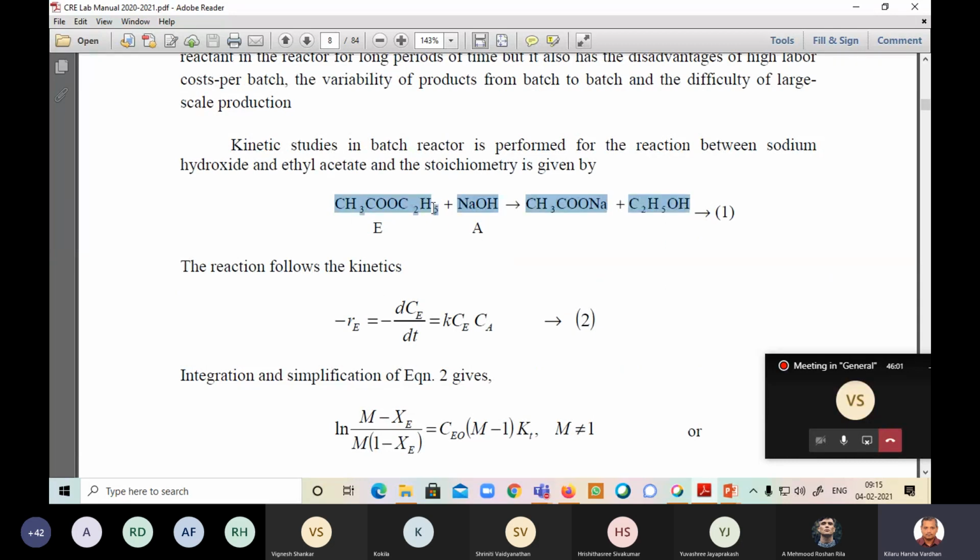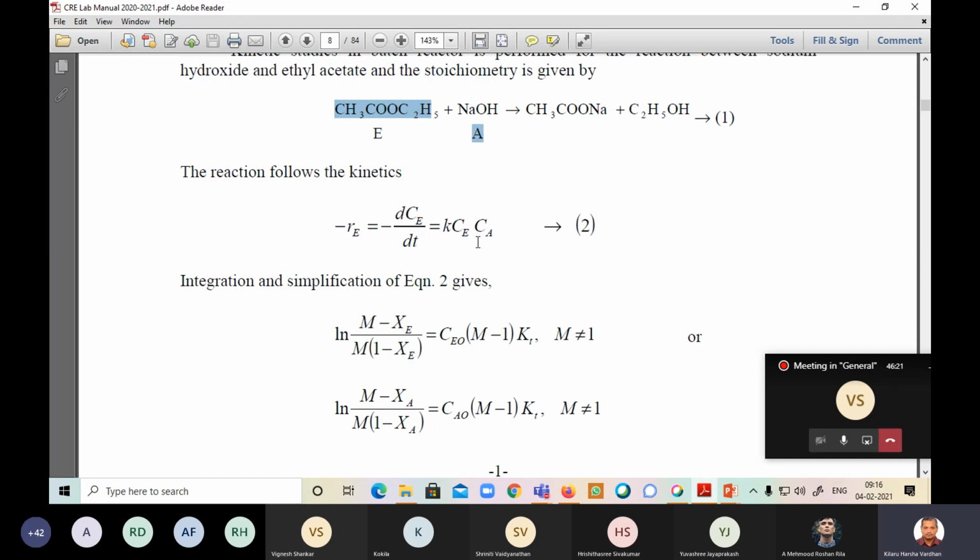Ethyl acetate generally will be assumed as B, but here I am making it E to differentiate. E is ethyl acetate. You can write B also, that's up to you. I am trying to calculate the initial concentration of CA, that is, A is nothing but NaOH.